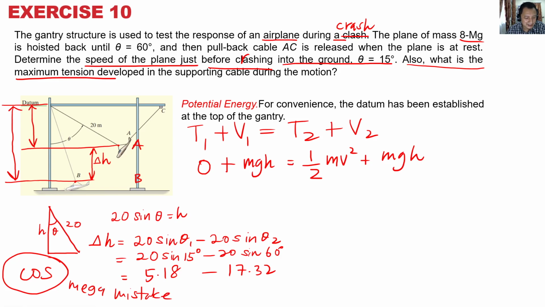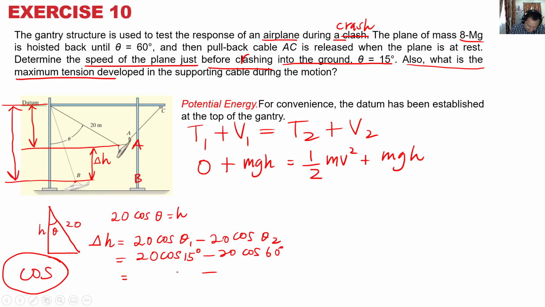Why a mega mistake? Because I don't have you guys to correct me. You have to use cos. This is adjacent. Okay, so you have to change. Use cos, not sine. Delete everything. This one also wrong.